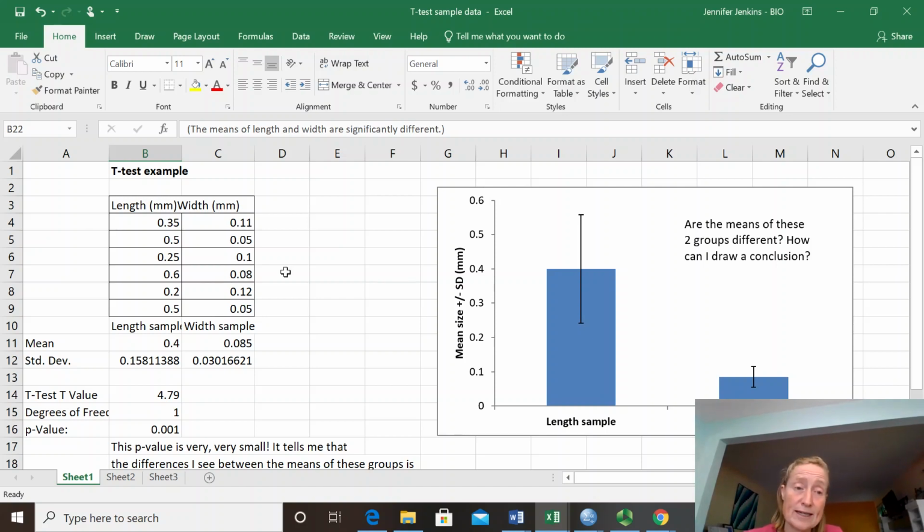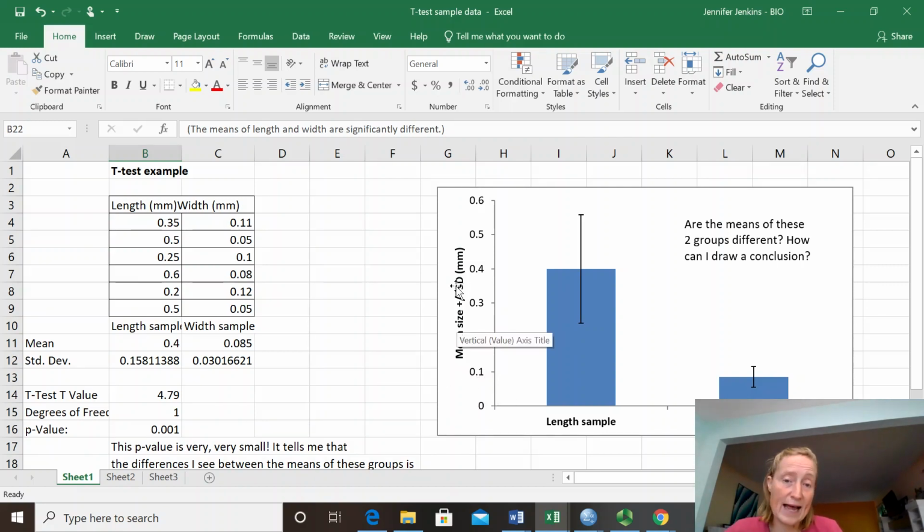And so for my length sample, I calculated a mean, and for my width sample, I calculated a mean size. And then I calculated the variation around the mean as my standard deviation. So that's what's going on in this box over here on the left. And then I plotted the data so I could look at it a little bit better.